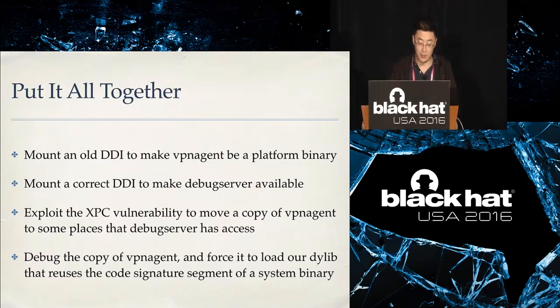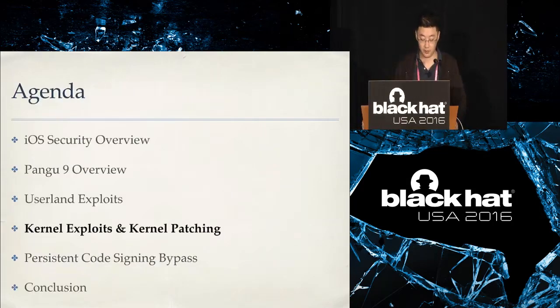And now we debug this copy of the VPN agent and force it to load our dynamic library. The dynamic library is carefully designed so we can bypass code signing and team ID validation. So yeah, now we'll continue to introduce the kernel part and how to achieve the persistent code signing bypass.